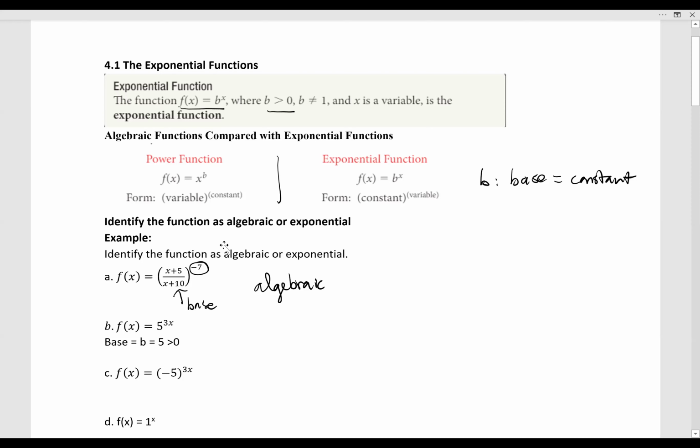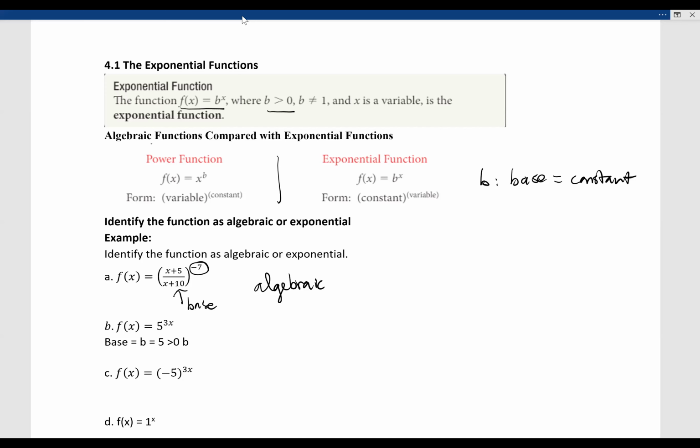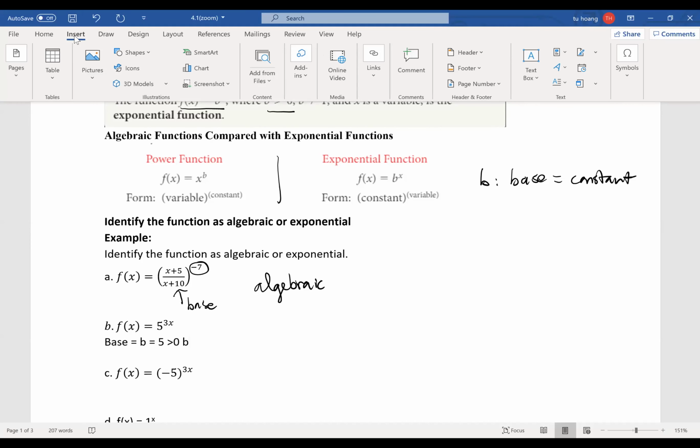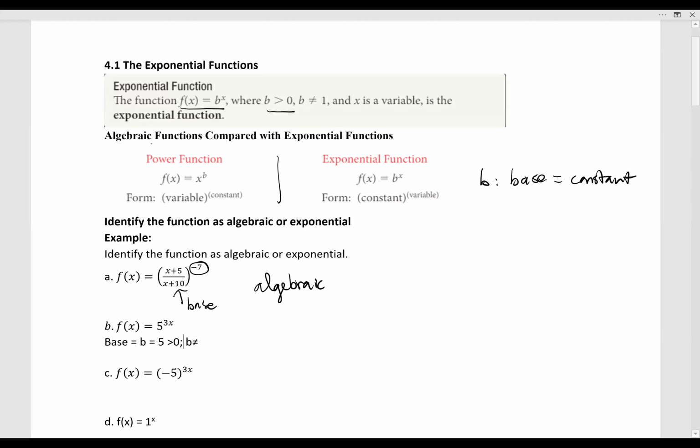So you can right away say this is an exponential function, and the power 3x is a variable. So this is an exponential function.